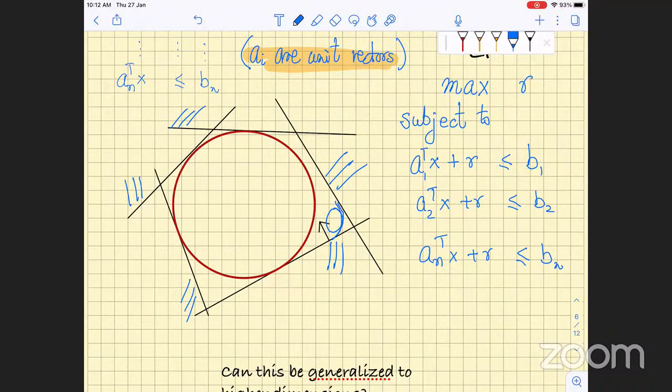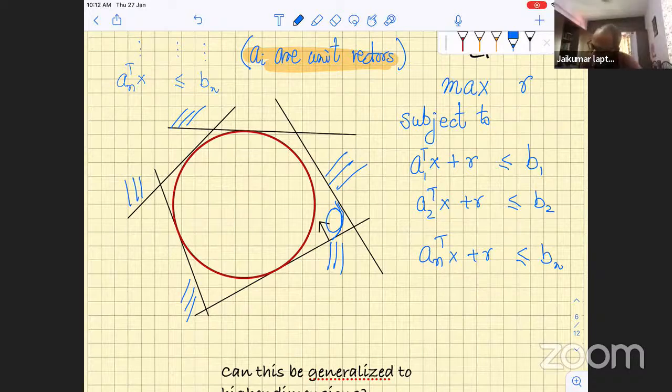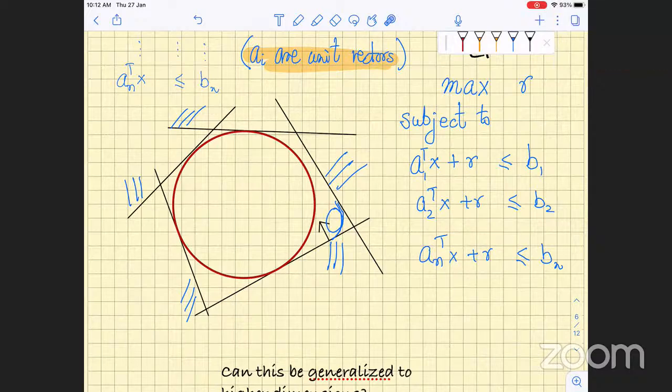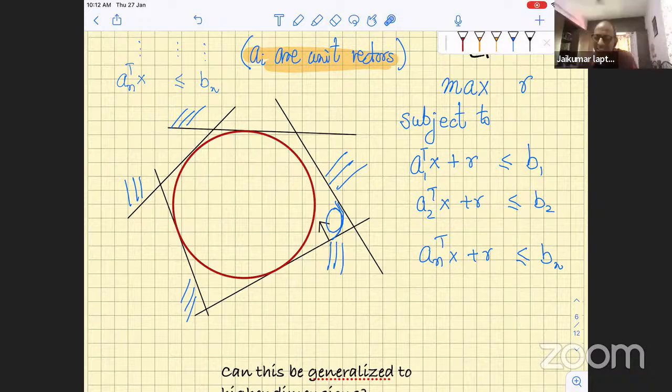Okay. Considering that we are maximizing the radius. Yes, we maximize the radius. Maybe I didn't understand your question properly, but let me just answer the misunderstood question. If you maximize the radius of the disk, which still stays inside the polygon, you get this particular disk.